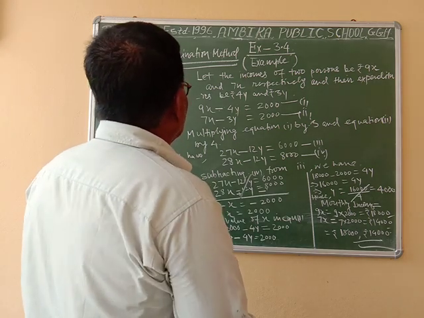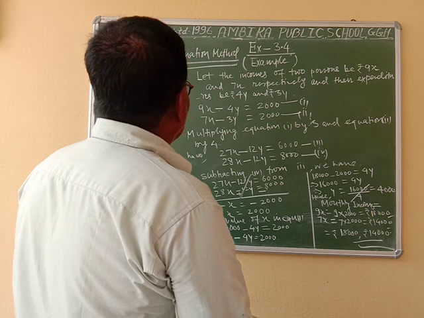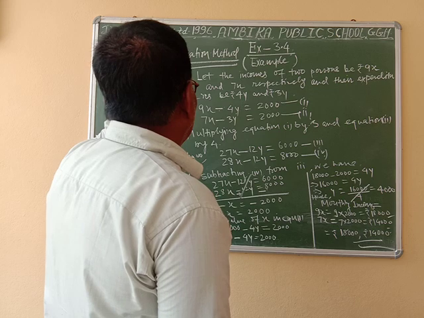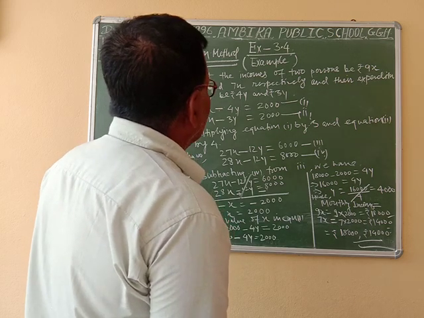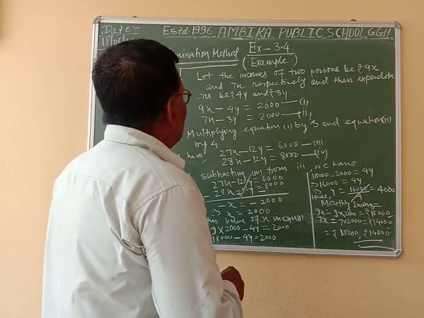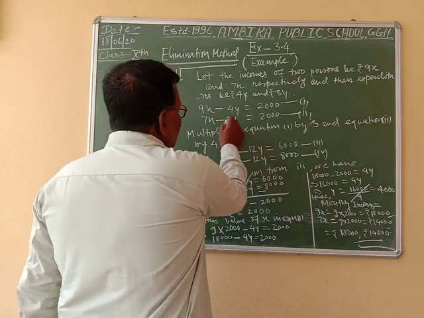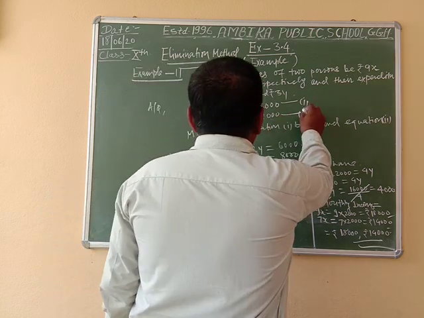And again 7x minus 3y. Income of the second person is 7x and their expenditure is 3y. So 7x minus 3y is equal to 2000.